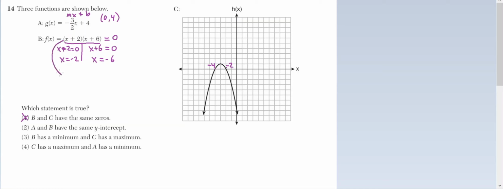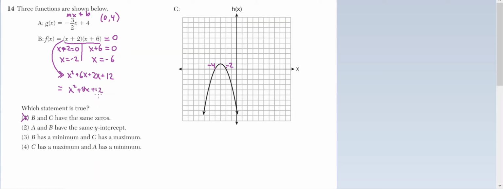let's distribute. We'll get x squared plus 6x plus 2x plus 12. And so collecting terms, we get x squared plus 8x plus 12.